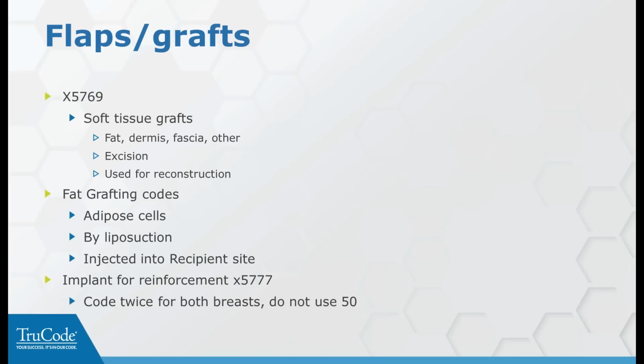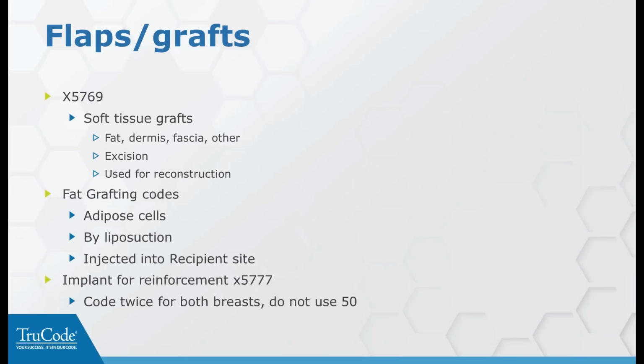Well, this is harvesting of soft tissue, and they define soft tissue as being anything like fat, dermis, fascia, or other soft tissue. And when it's harvested from that patient, that is going to be auto, AUTO, anywhere you see that, autologous, autograft, anything like that is going to mean that they're getting it from that patient.